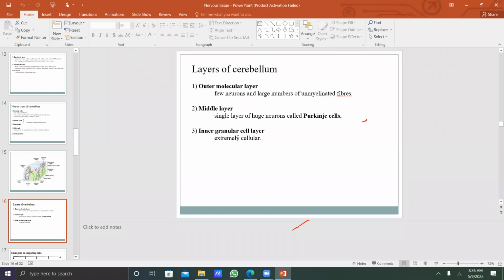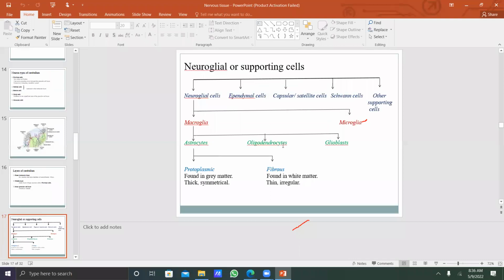The inner granular layer is extremely cellular compared to the outer molecular layer. And the middle layer consists of a single layer of Purkinje cells. It's rather simpler than the cerebral cortex.